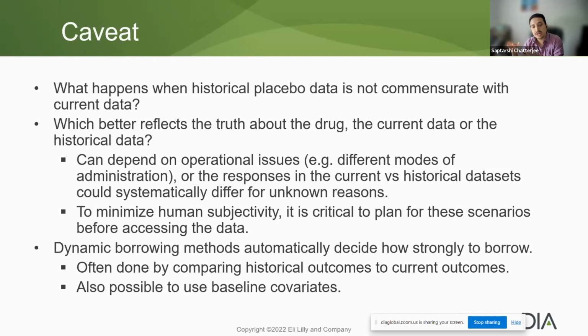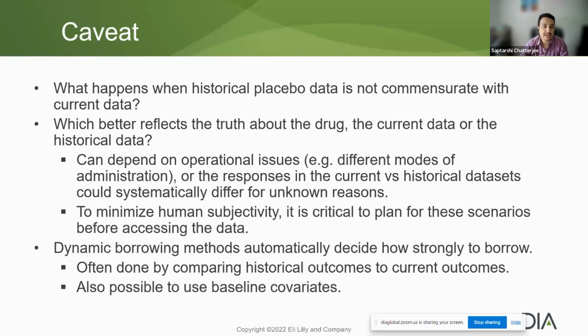Now, there could be some operational considerations, such as if we have different routes of administration, because these endpoints are all subjective endpoints. So these different routes of administration could have different expectations that can impact some of this borrowability, and also the historical data and the current data sets.